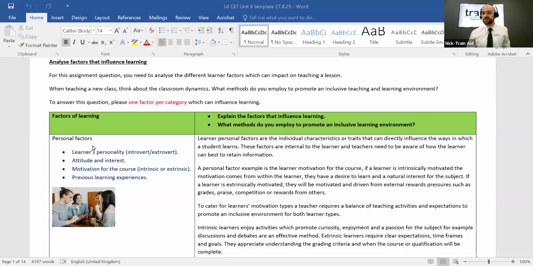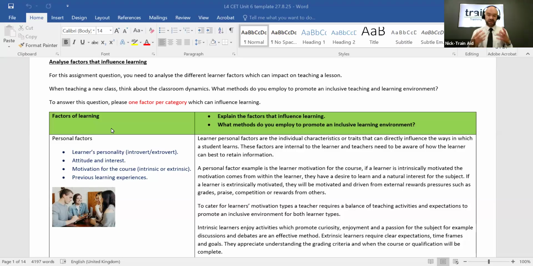Let's look at this key term called personal factors. When we talk about personal factors, this is all to do with the learners, their personality, how confident they are, whether perhaps they're an introvert or an extrovert, their attitude and interest in the subject as well. It could also be to do with their motivation levels for the course.